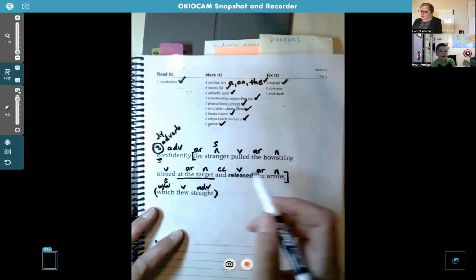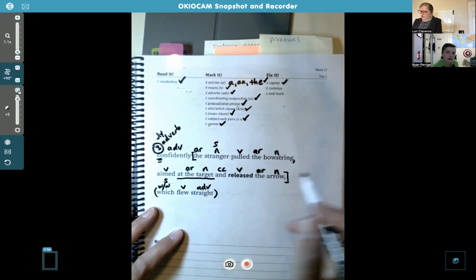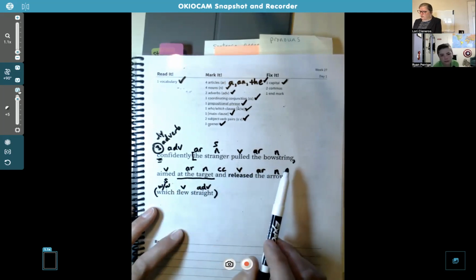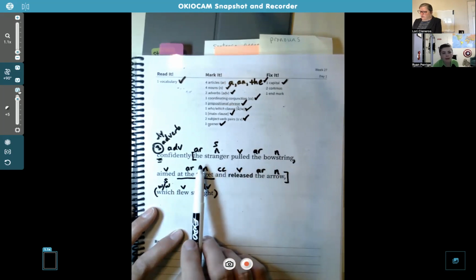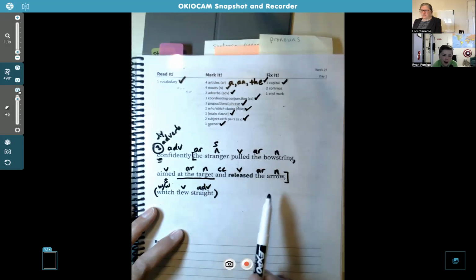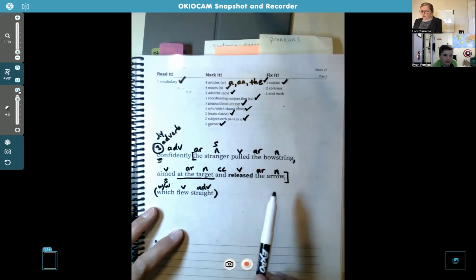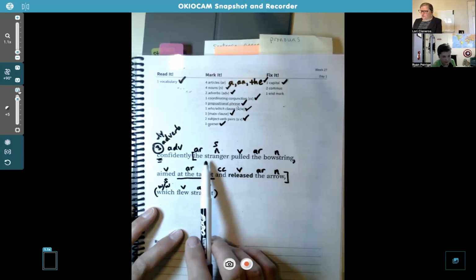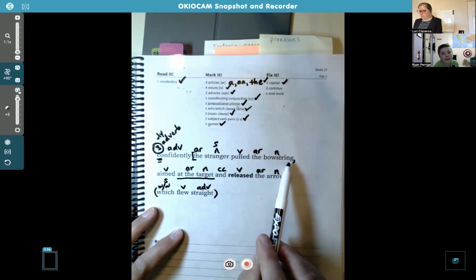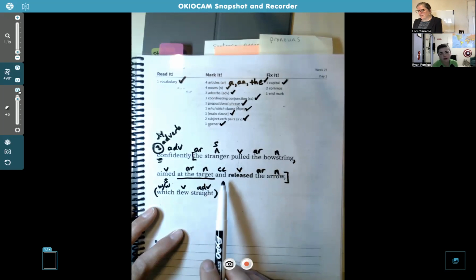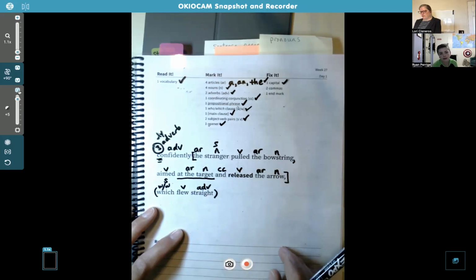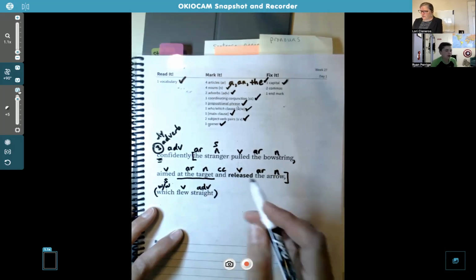Okay, so bowstring is correct, not at confidently, because if you look at the main clause here, it's listing 3 things he did, right? So 3 verbs. The stranger pulled the bowstring, aimed at the target, and released the arrow. Okay, so then after target. Yes, correct.